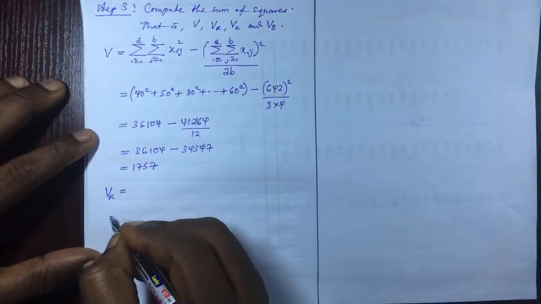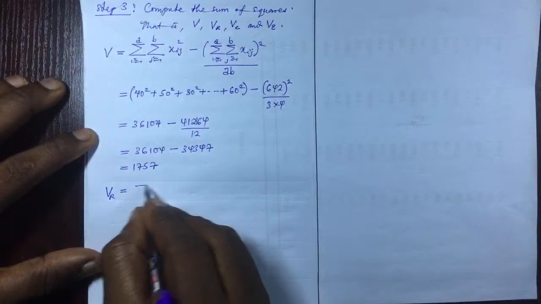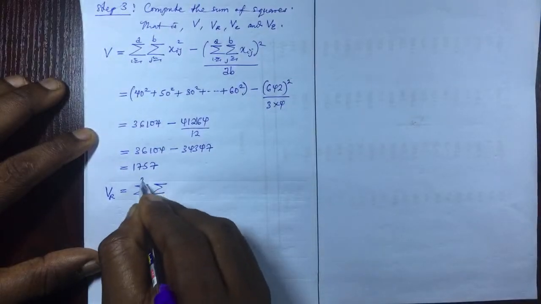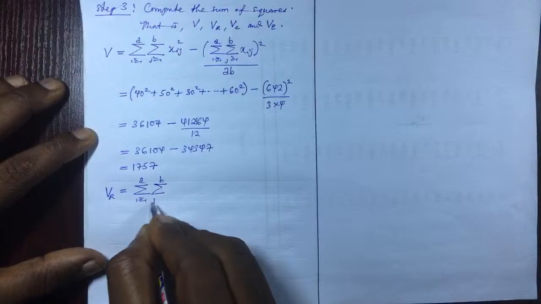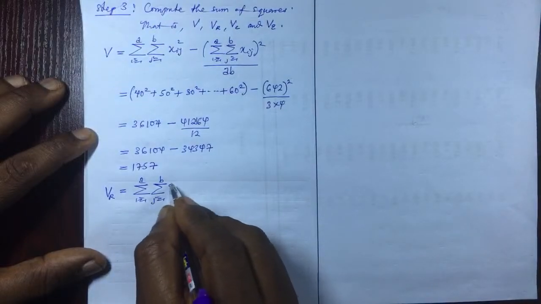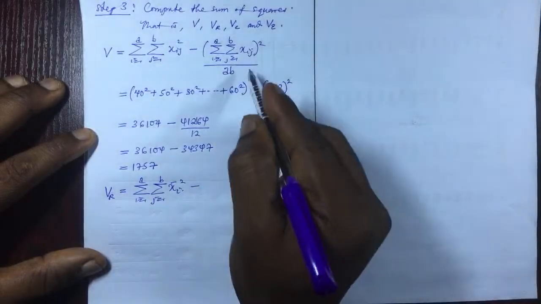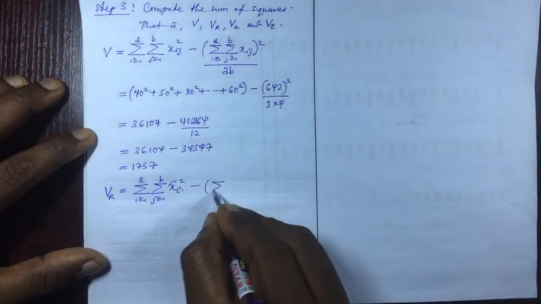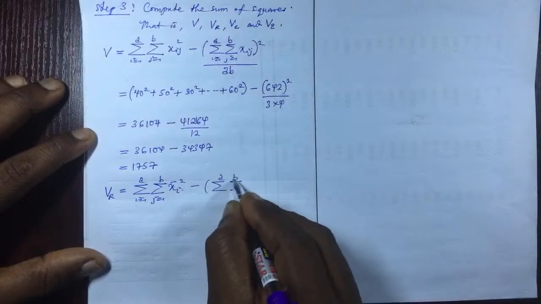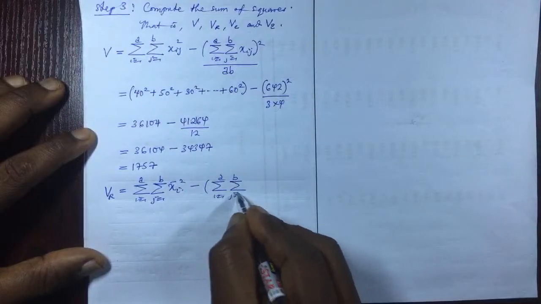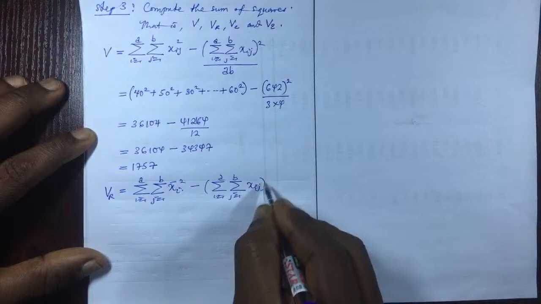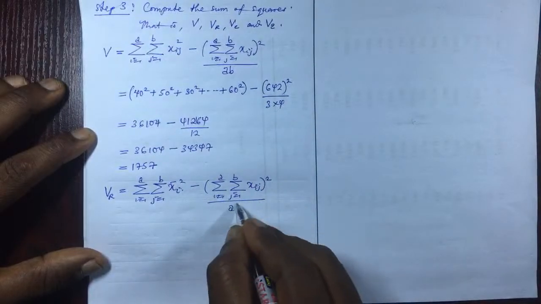VR will be for the variation between treatments, and that will be computed with this formula: the summation from I equals 1 to A, J equals 1 to B, X bar I dot squared, minus the correction factor we had earlier on, which is the summation, Xij all squared all over AB.